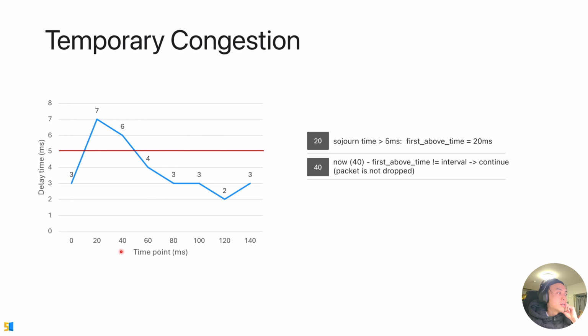So the variable value is 20 milliseconds in this case. Now we check at time point 40. 40 minus first above time, which is 20, is not equal to the interval.